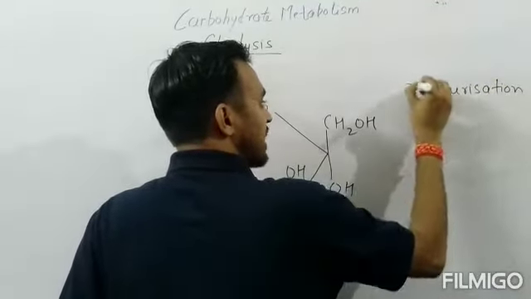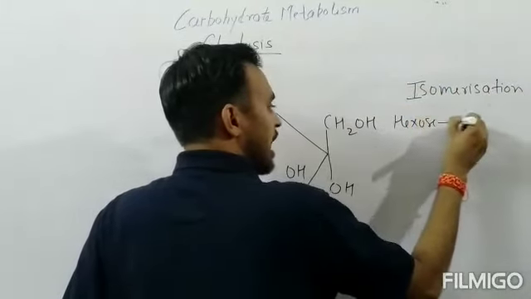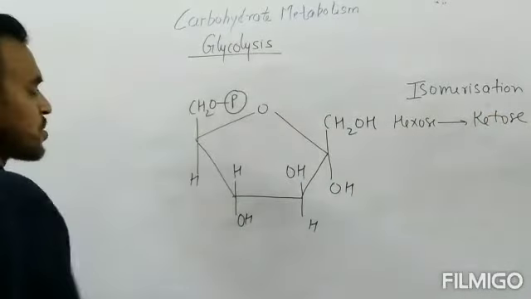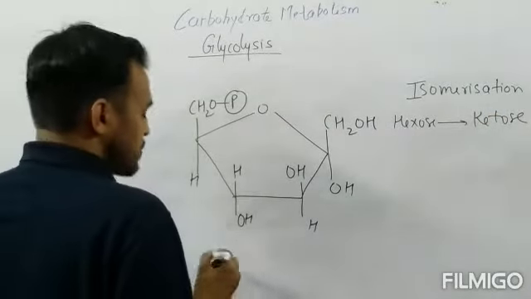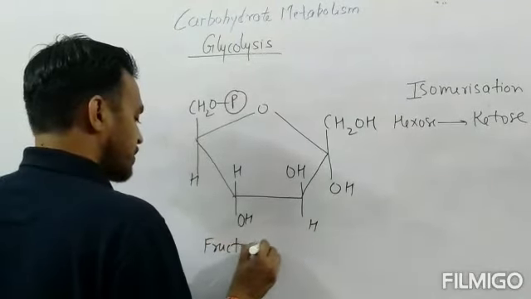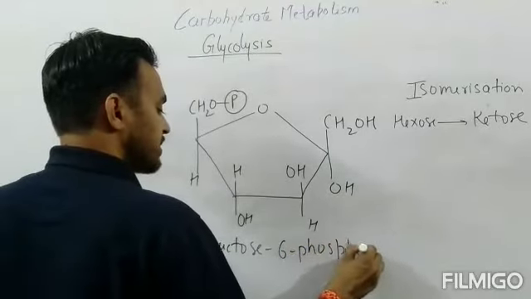In this isomerization reaction, a hexose sugar isomerizes into a ketose sugar. This is a ketone sugar, and this molecule is fructose 6-phosphate.